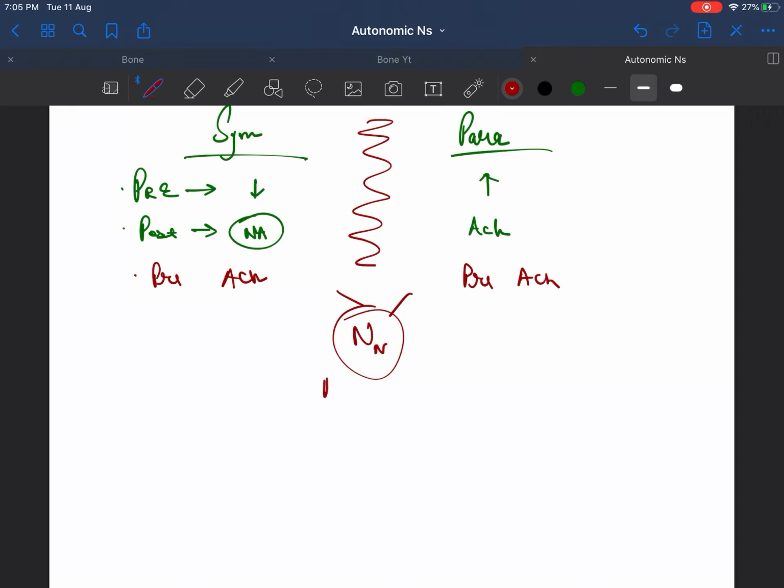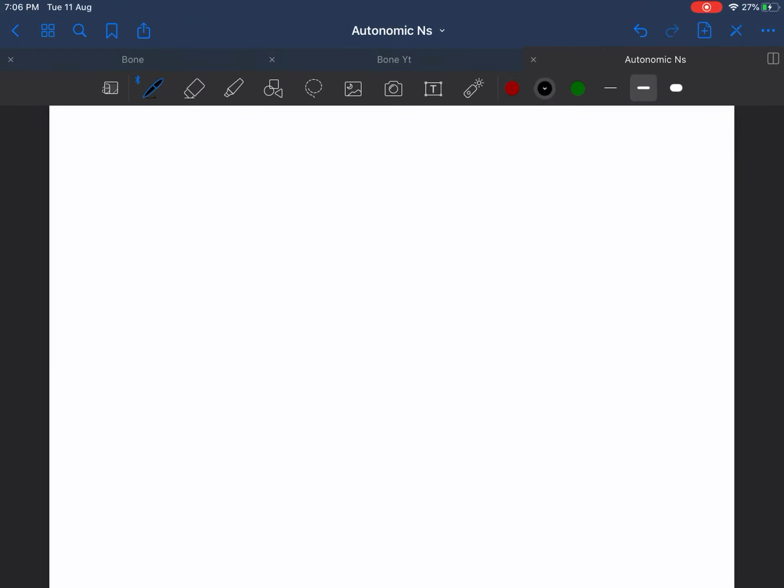Now coming to the parasympathetic system, the ACH, how is it produced? We have to know about that. So this is a ganglion. This is a postganglionic fiber. And what happens is that here acetylcholine is stored, and it is released into the synaptic cleft.